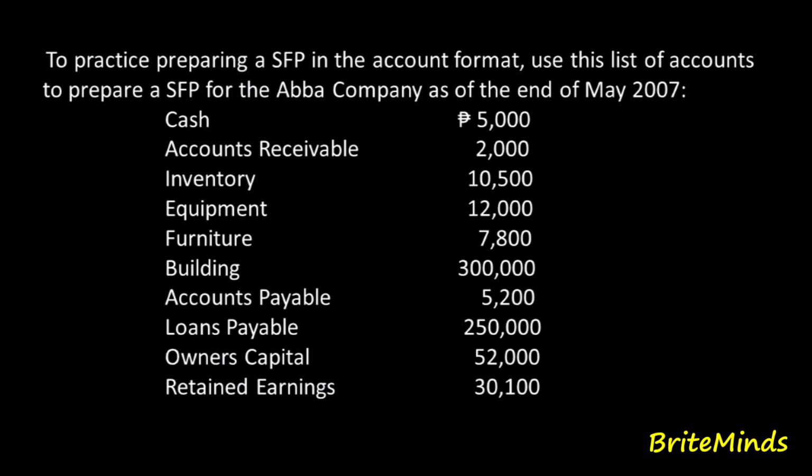Cash amounted to 5,000, accounts receivable amounted to 2,000, inventory 10,500 pesos, equipment 12,000 pesos, furniture 7,800 pesos, building 300,000 pesos, accounts payable 5,200 pesos, loans payable 250,000 pesos, owner's capital 52,000 pesos, and the retained earnings amounted to 30,100 pesos.